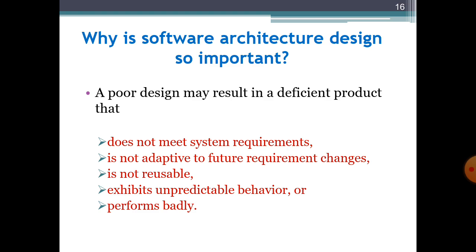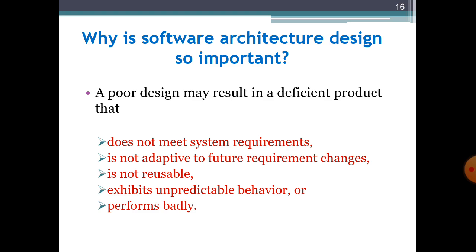For a poor design, a deficient product, what can it lead to? If a design is not good, it is due to the following reasons: it does not meet system requirements, it is not adaptive to changes in future requirements, this design is not reusable, it has unpredictable behavior, or it performs badly.